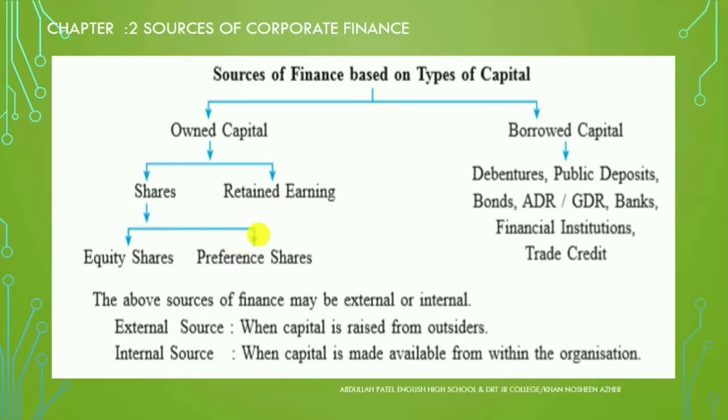A part of the amount is given to the shareholders as a dividend and the remaining amount is kept for future requirements. The amount you hold back from your profit is called retained earnings. Shares are also divided into two parts, equity shares and preference shares. We will learn these in detail in the next slide.